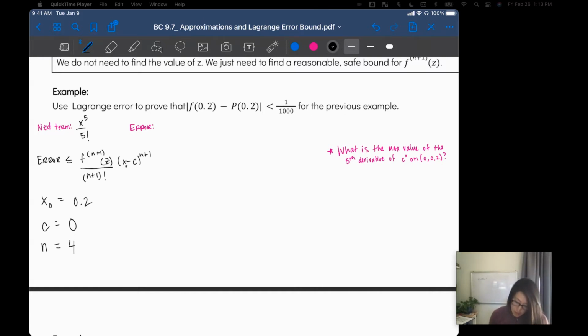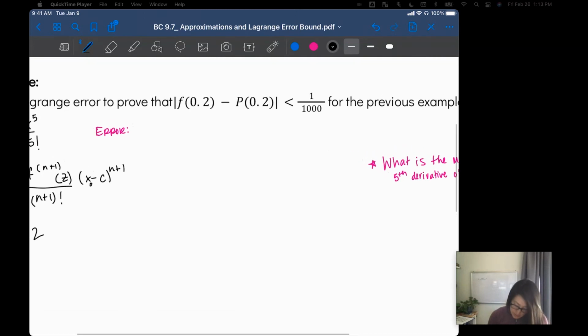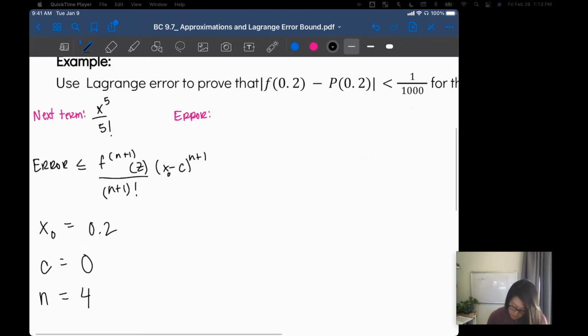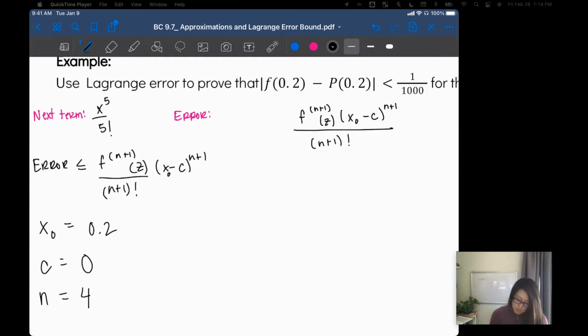Okay, so what we're going to do is take our error is equal to f of n plus 1 of z times x sub naught minus c to the n plus 1 over n plus 1 factorial. All right, here's the deal. This value is weird.